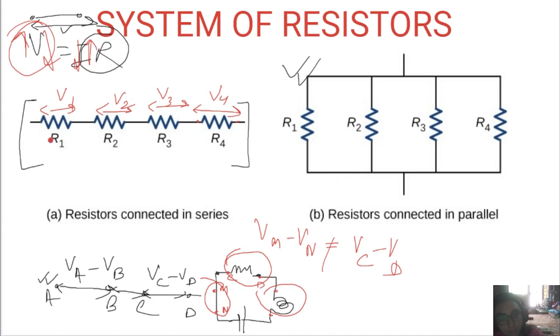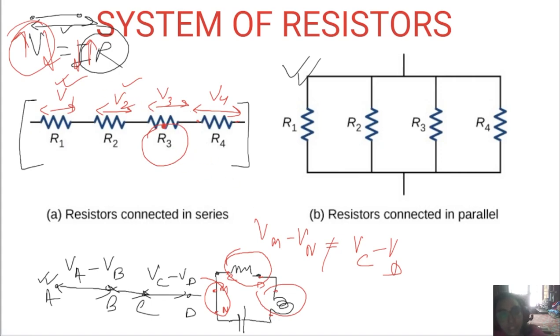Because for now we know that all these resistances have different values, R1, R2, R3, R4. In some cases it can be the same resistance, but here we're talking about all of them having different resistance. So all of their potential differences will be unique, and will depend on the value of the resistance and the amount of current flowing through each resistor wire.